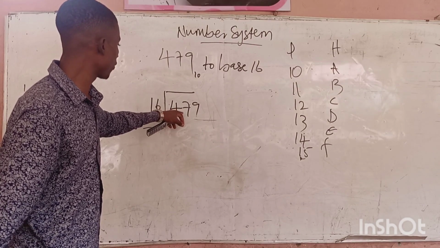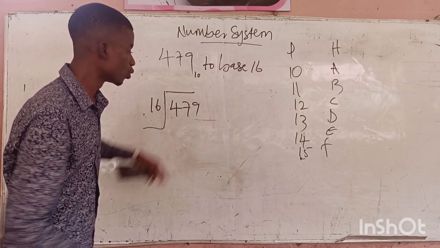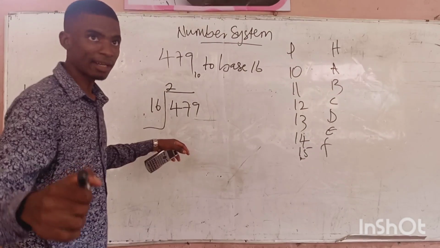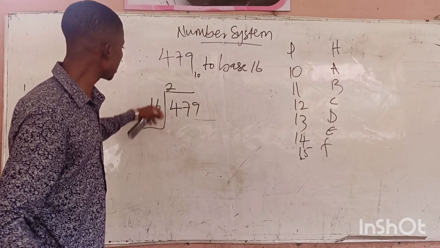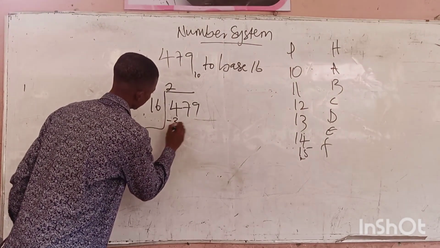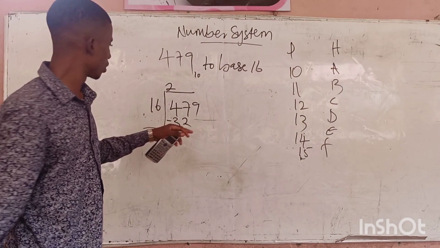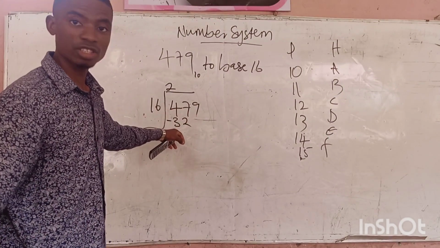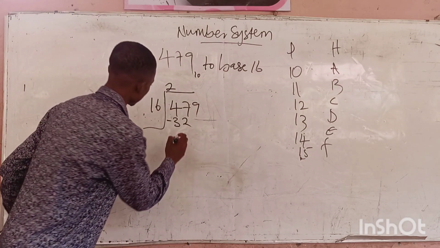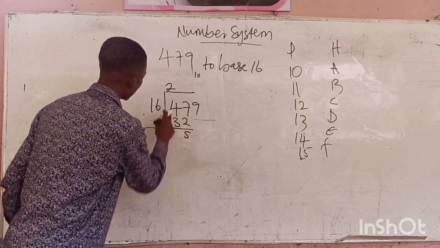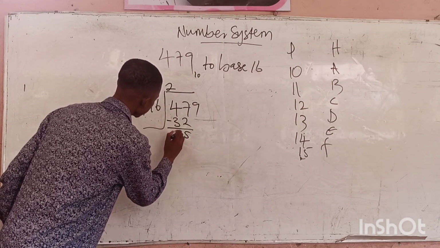We are going to have 2, with a remainder. And 16 times 2 is going to give us 32. Then from here we say 47 minus 32. We are going to have 7 minus 2 is 5. 4 minus 3 is 1.